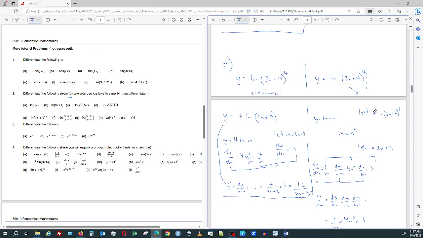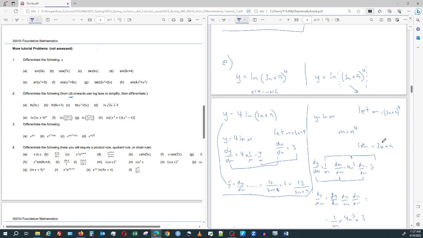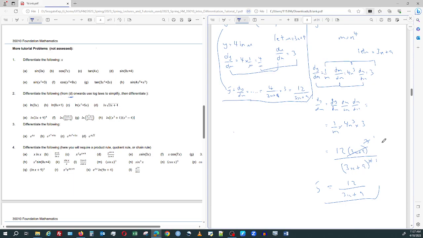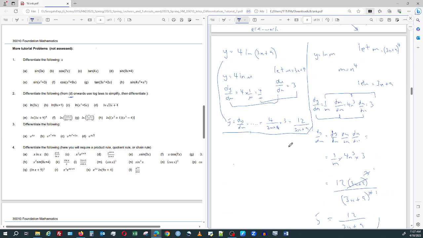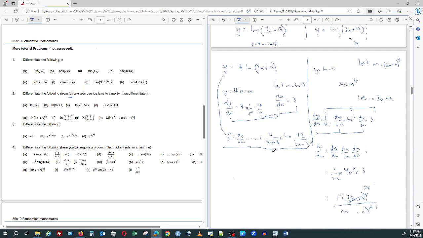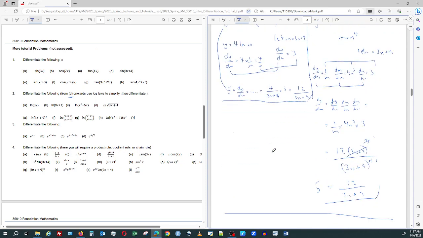Here, by leaving it, we had to not only select the correct substitution, we had to do 3 of them, and we had to assemble the chain that way. So either way is doable, but I think the idea is that choosing to use the log laws makes the whole thing a bit more simplified. All right, so that was E, wasn't it? That was 2E.